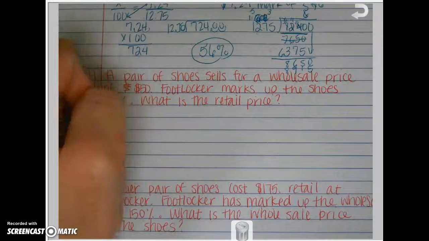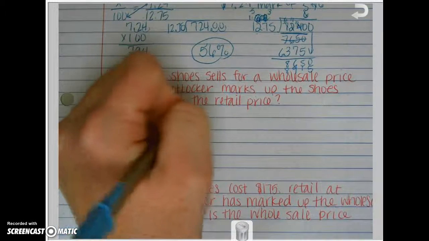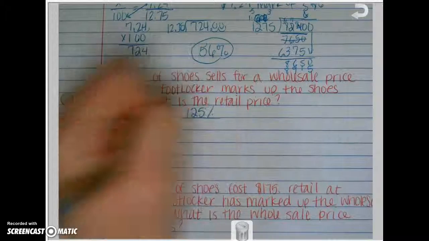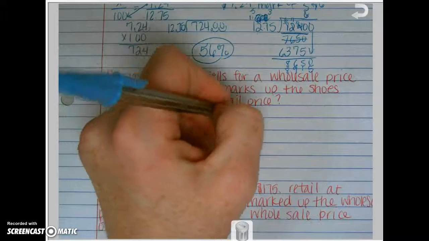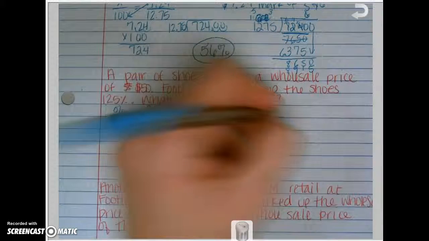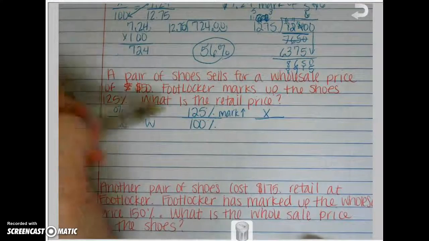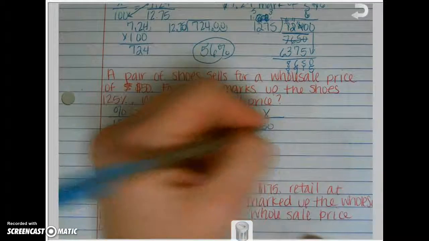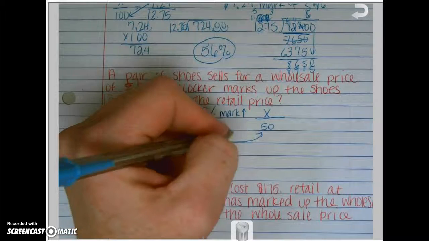Percent over 100, part over whole. So we know our percent. 125% out of 100%. That's the markup. So do we know how much money we're marking it up? No. But we do know the original price was $50. So now I would say, okay, how do I get from 100 to 50? Divide by 2.